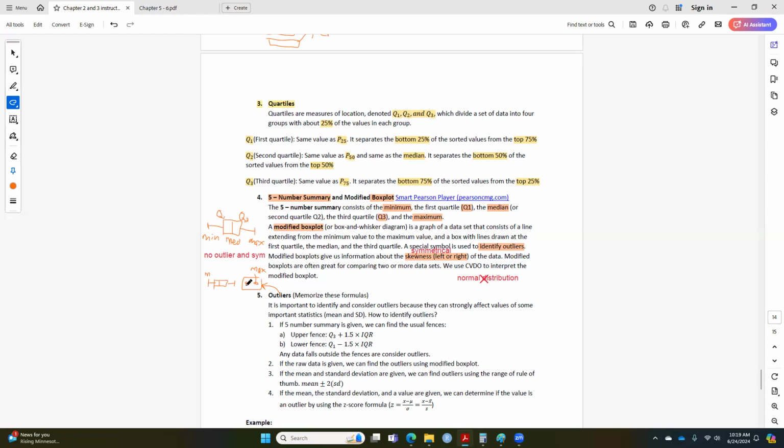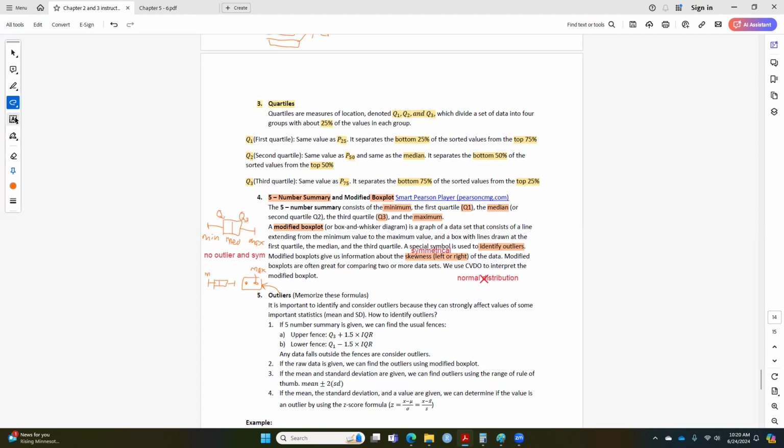Then this dot will be your second highest number, and this one your third highest number. So on the right side, if you have any outliers, the maximum is the first dot on the far right, the next one before it is your second highest value in your data, and then this is your third highest value.